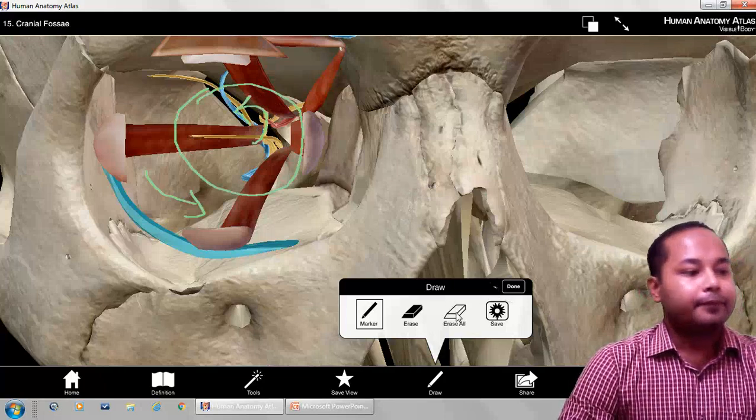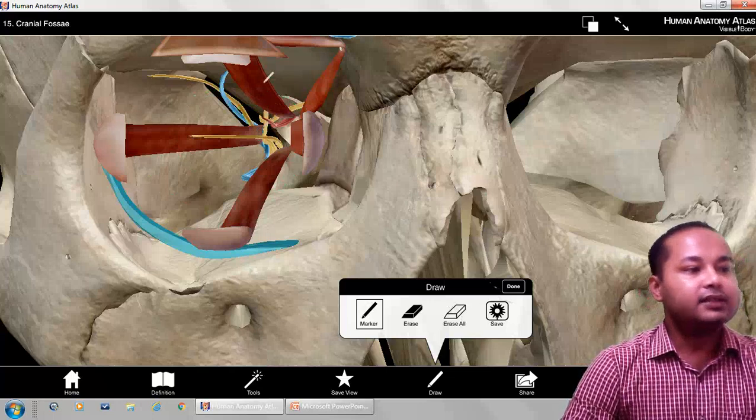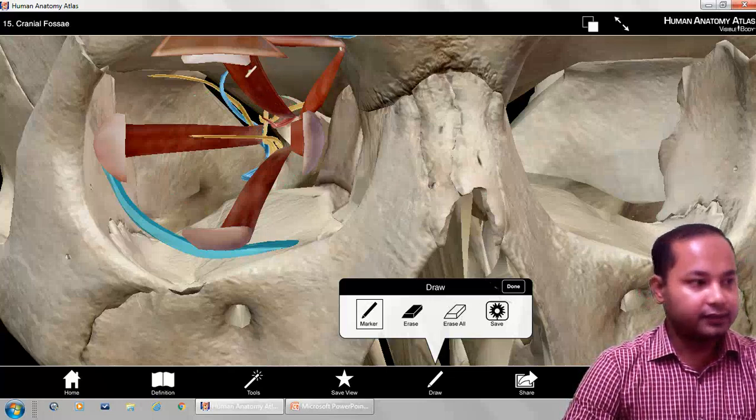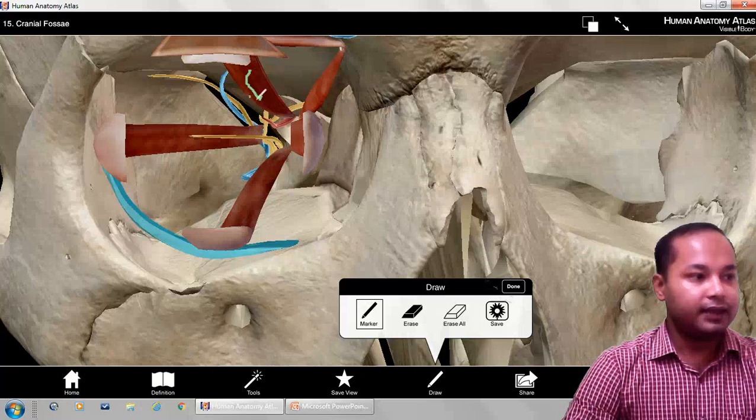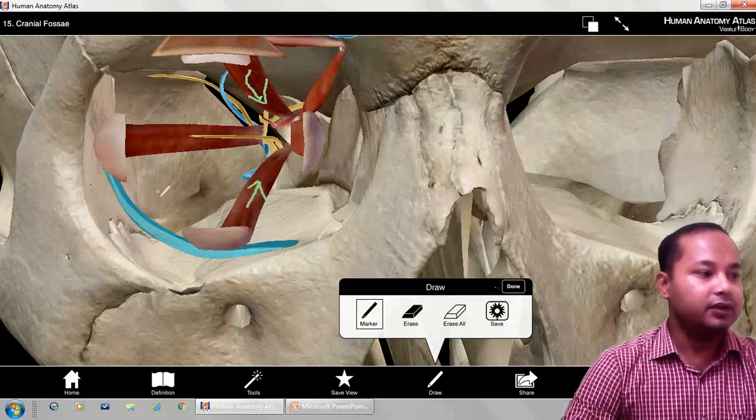Okay, then what are the other muscles doing? This is called the superior rectus muscle, and it will make the eye elevated. This is the inferior rectus muscle, and it will make the eye depressed. If this muscle will make the eye look down, this muscle will make the eye look up.